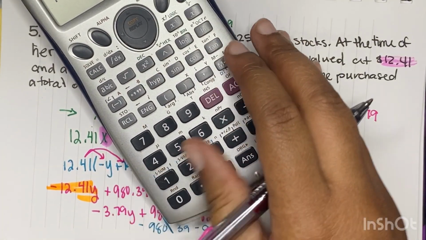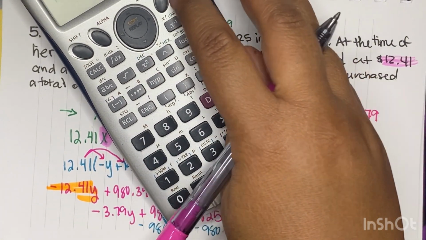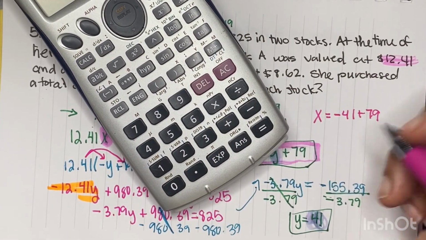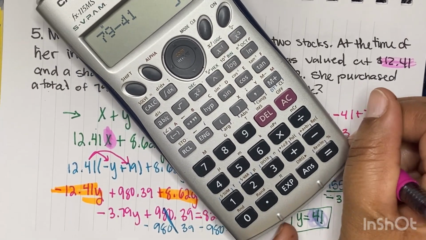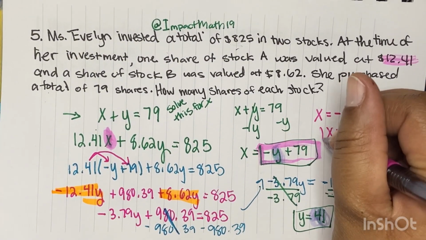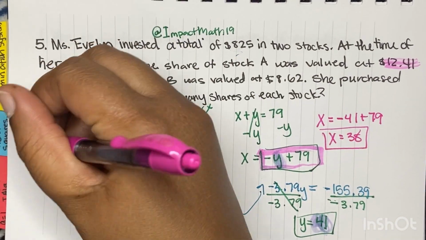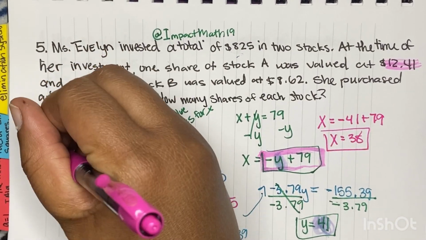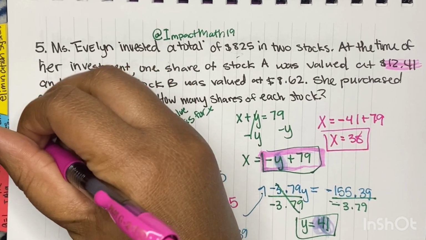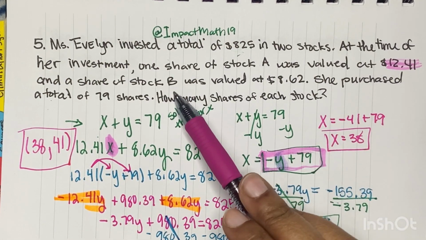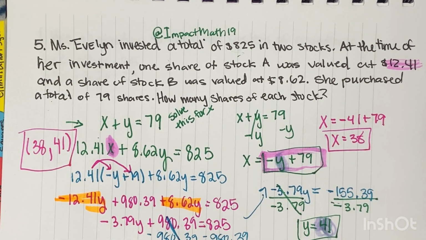And 79 minus 41 is going to give us 38. So we have, as our answer here, 38, 41. So stock A had 38 shares, stock B had 41 shares.